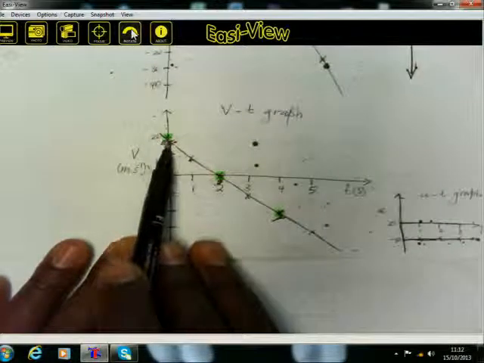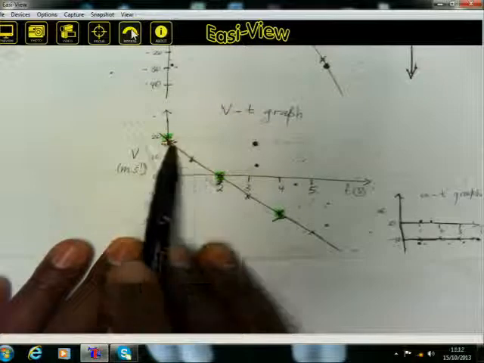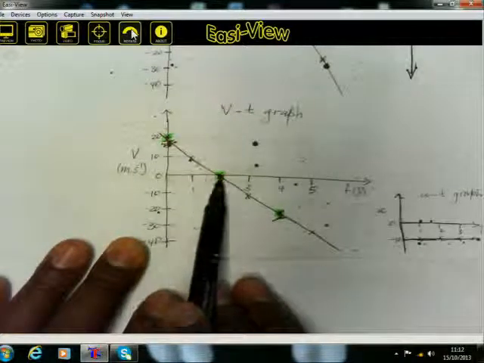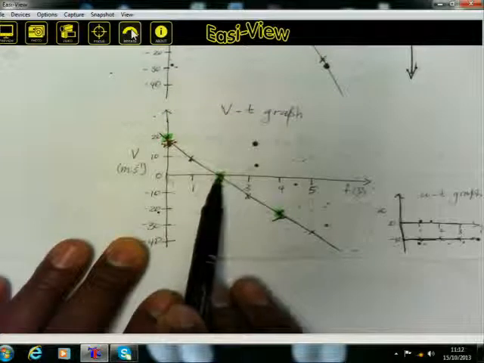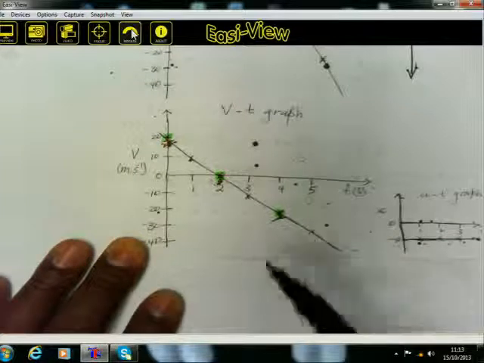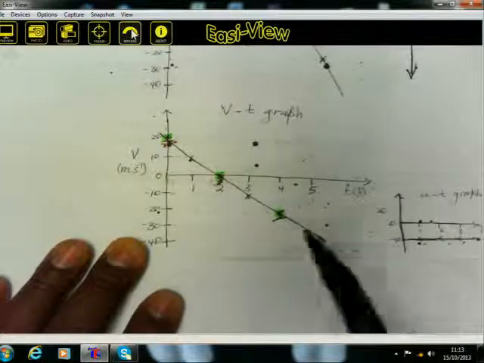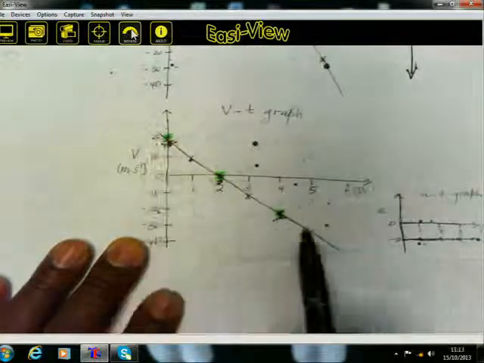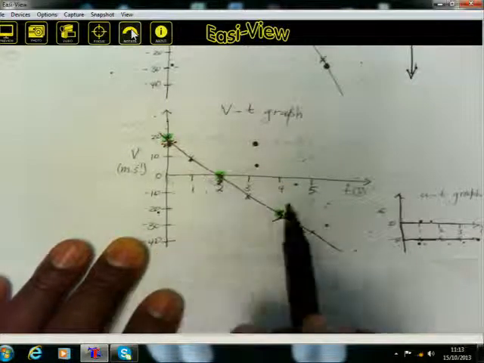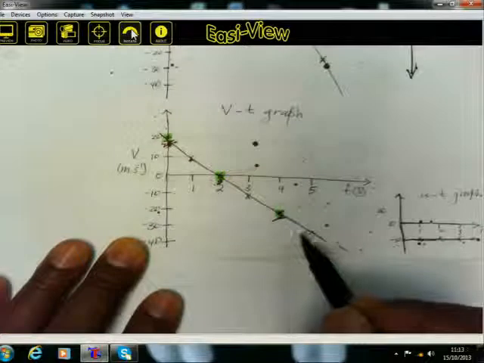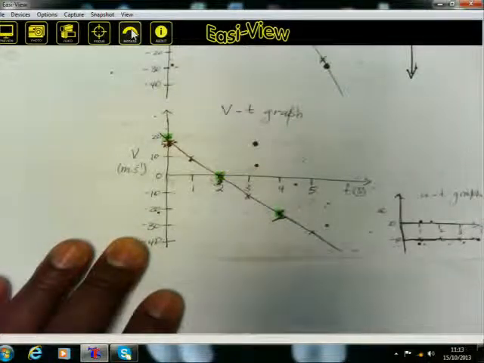The velocity of the object is decreasing up to a maximum, and the object then changes direction and the velocity is increasing in the opposite direction. Because our graph slopes to the left, the slope, the gradient of the graph, is negative, and therefore the acceleration is negative.